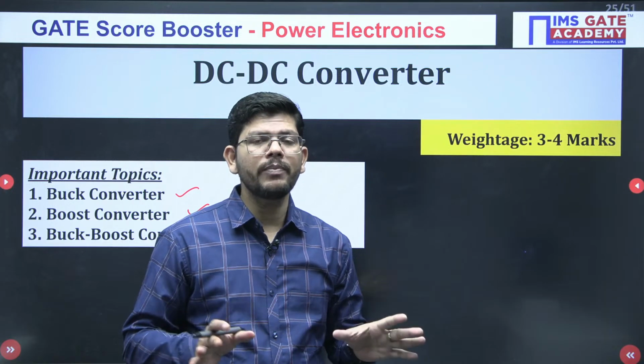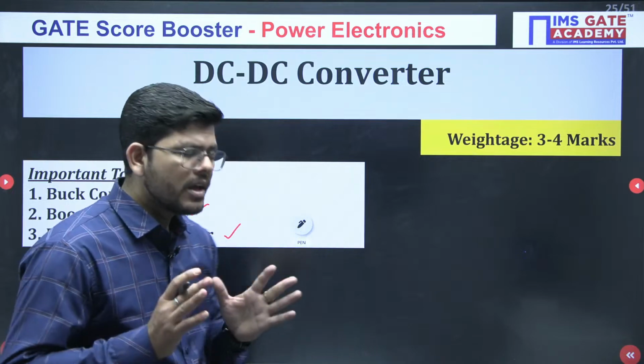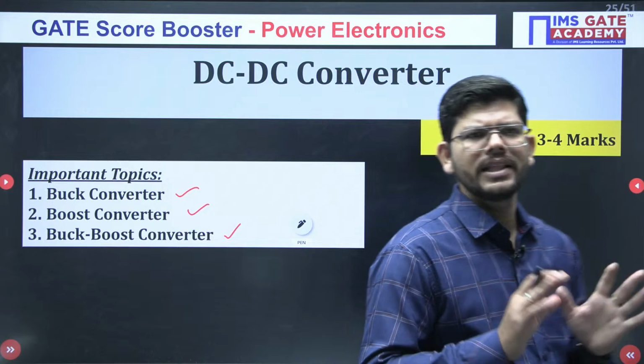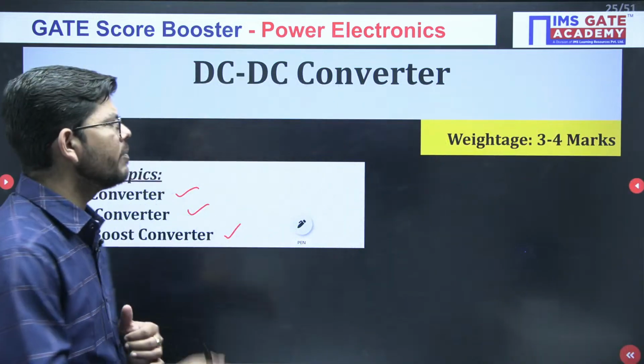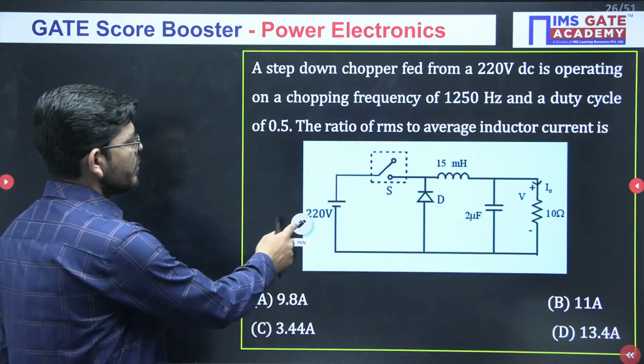Okay, so if you are very well prepared with this chapter, you are going to rock in the GATE exam. For that you need a good amount of practice, and that we will be doing here in the next 1 hour. Okay, so let me move towards the first question of this chapter.